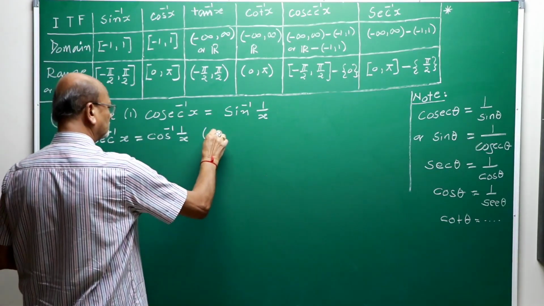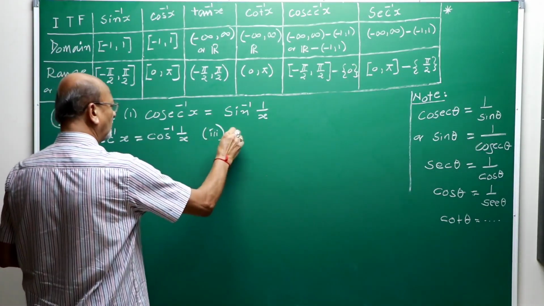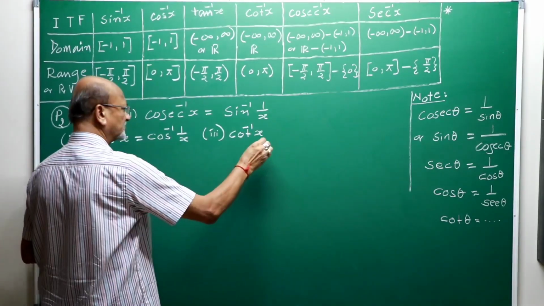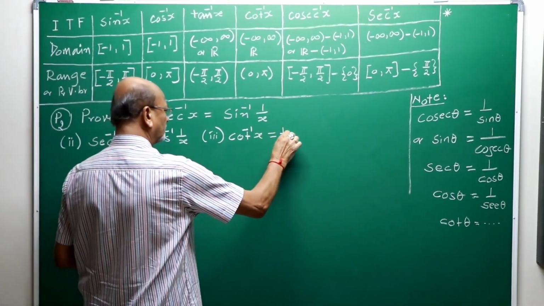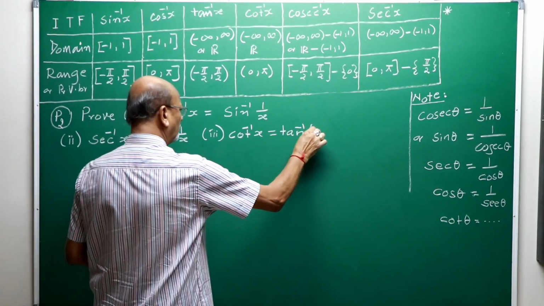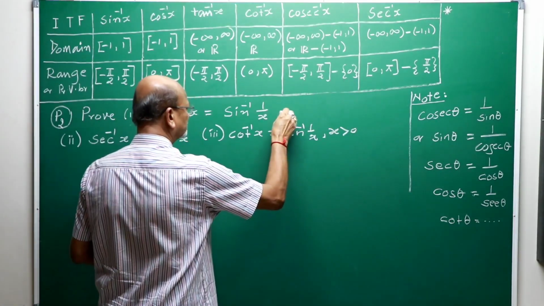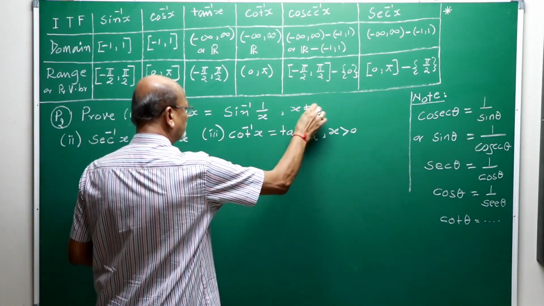Third, cot inverse x equals tan inverse 1 by x when x is positive. But in all these cases, what about x? x should not be 0.